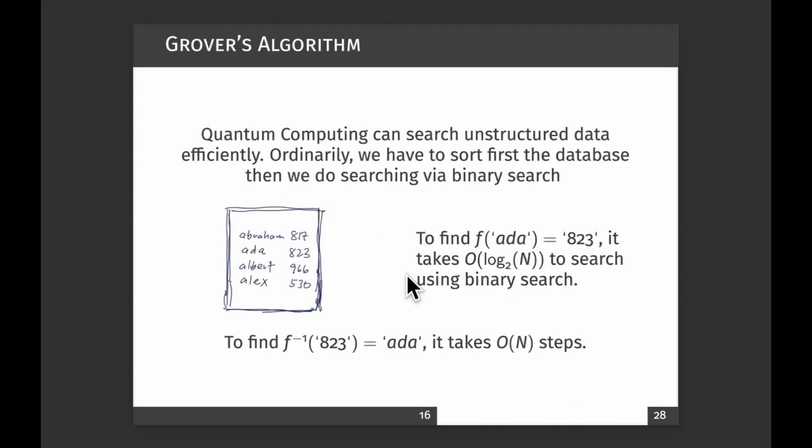Now another algorithm that is very popular is Grover's algorithm. So imagine you have a telephone directory, and this telephone directory has name and number.